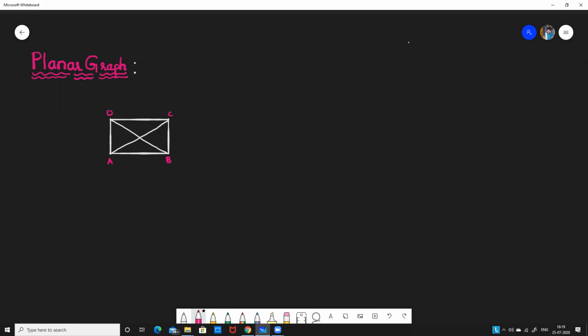But in planar graph, no two edges are crossed with each other at a non-vertex point. Therefore, we can modify this graph in such a way that it is converted into planar graph. Observe how I'm going to modify this same graph.